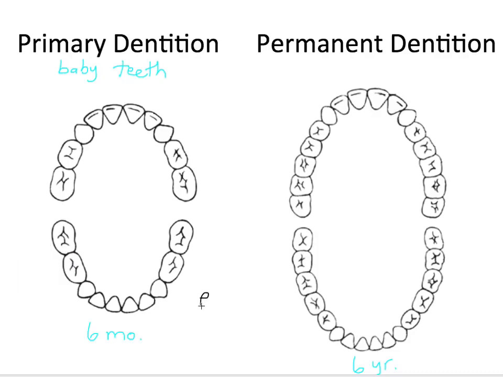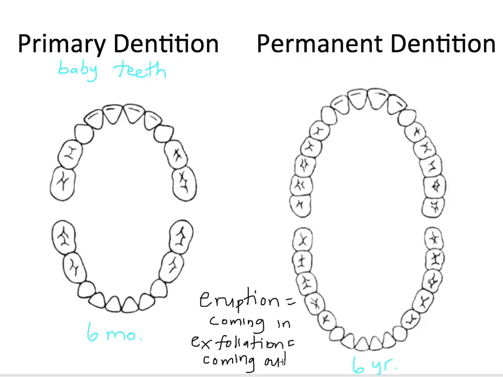And when I talk about eruption, I'm talking about the teeth that are coming into the mouth. So eruption is coming in, and exfoliation means that the teeth are being shed, they're coming out of the mouth.